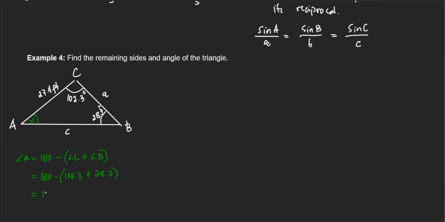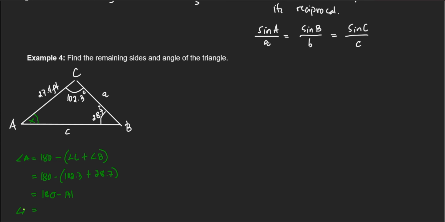So i-add mo lang si 102.3 plus 28.7, that is equivalent to 131.